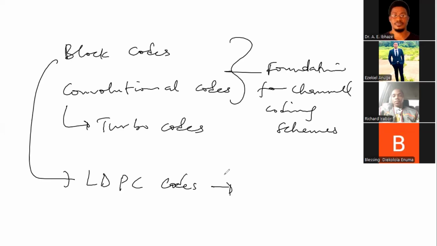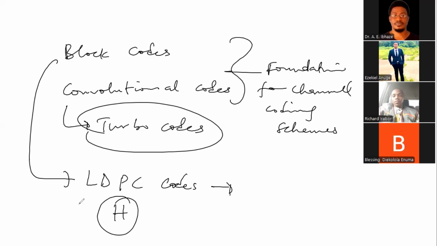But the idea is that turbo codes concatenate two convolutional encoders and apply an interleaver between them to generate the turbo code. And then it uses iterative decoding to decode. Very powerful, more robust than the convolutional codes. And the low density parity check codes literally rely on the parity check matrix, which we are going to look up in the block code, and also use iterative decoding to decode the codes. These are very powerful codes.